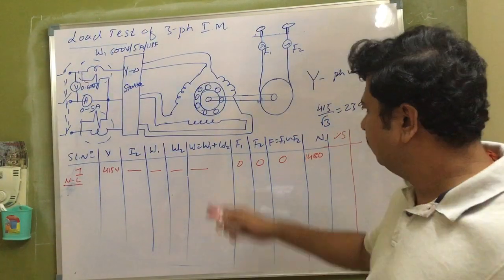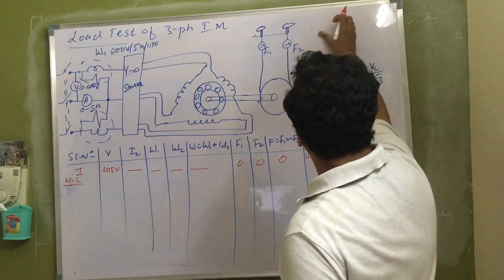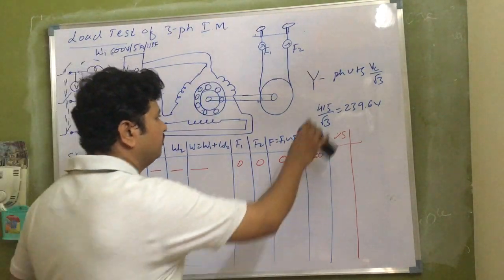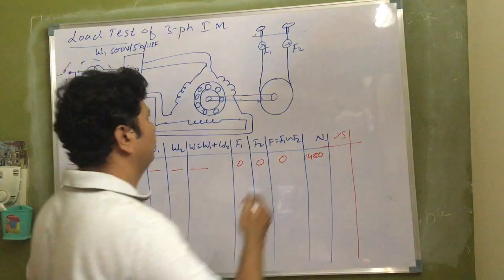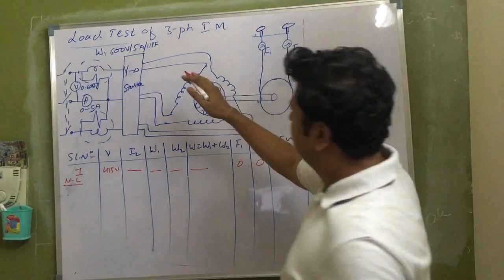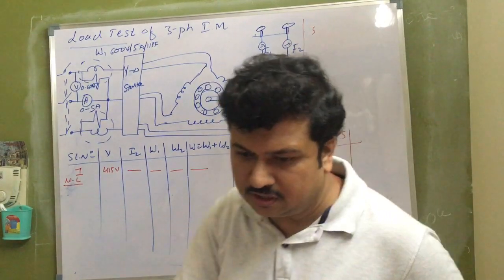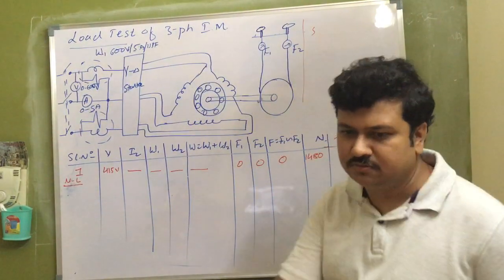Okay, now the motor is 50 hertz. You can calculate the synchronous speed. We know that the operating frequency is 50 hertz.